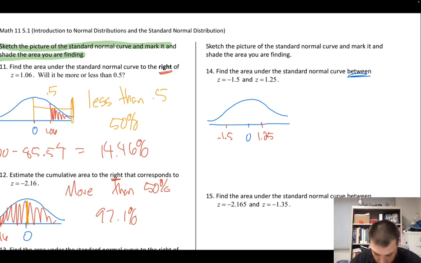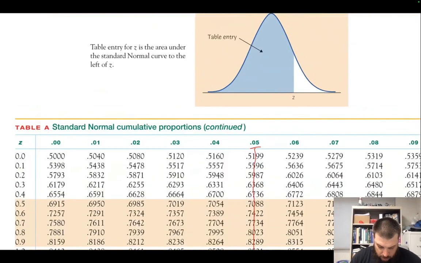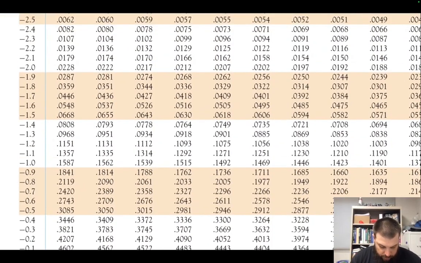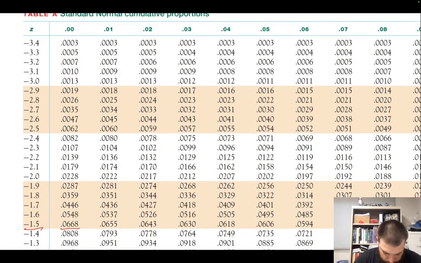So let's start. We got 1.25. So 1.25, 0.8944, and then we had negative 1.5, and that was 0.0668.